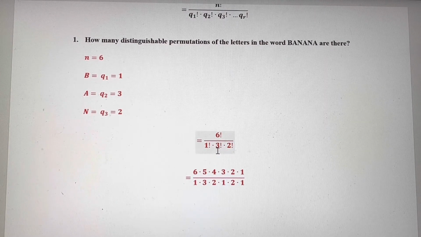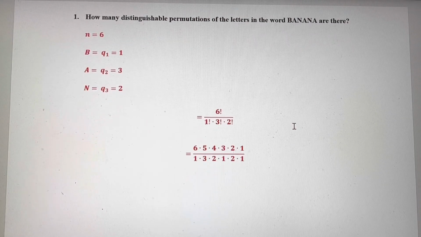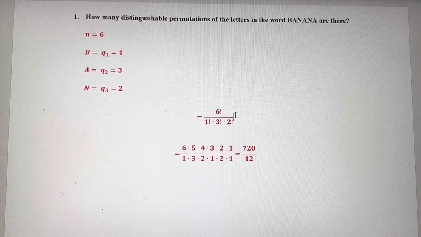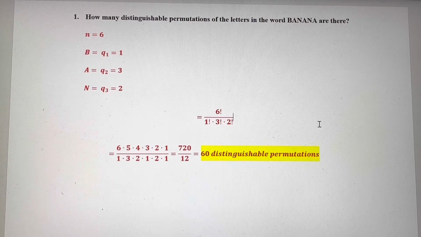So 3 factorial is 3 times 2 times 1, and 2 factorial is 2 times 1. You can simplify any number of ways that we've learned previously. I'm just going to multiply these out. The numerator, 6 factorial, is 720. And the denominator, when I multiply these values, I get 12. So let's divide 720 by 12, and I get 60 distinguishable permutations of the letters in the word banana.